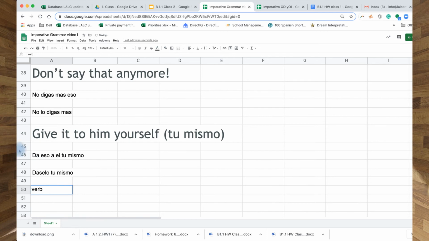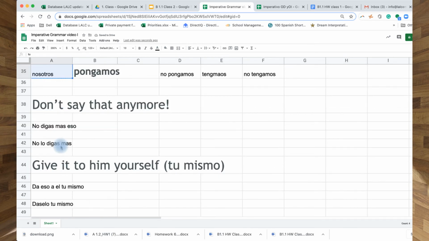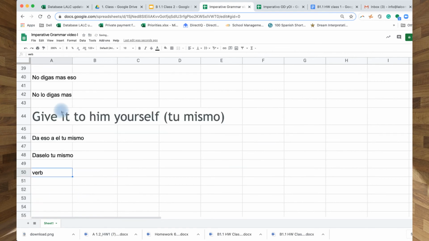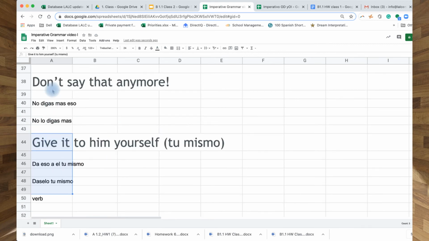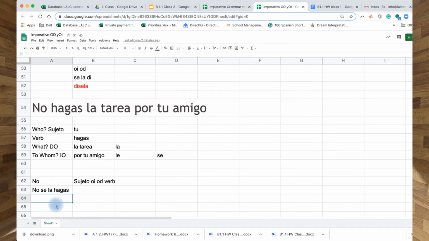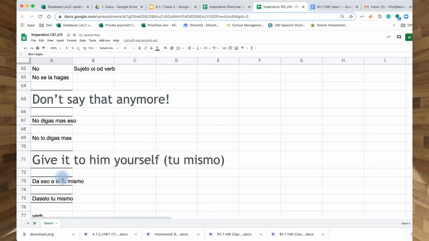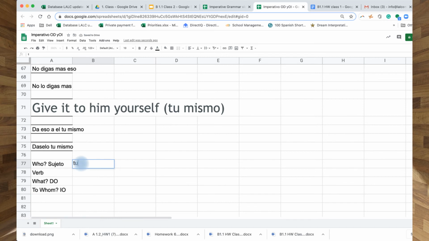In the previous case, it didn't go at the end because it's a negative imperative. Here, we have the verb dar, o sea, da, objeto directo, dáselo, so give it, eso, to whom, to him, so in this case is a él, so be le, lo, so that's why I changed it to se, and here that's why you have to put da, selo goes at the end, dáselo tú mismo, give it to him yourself.